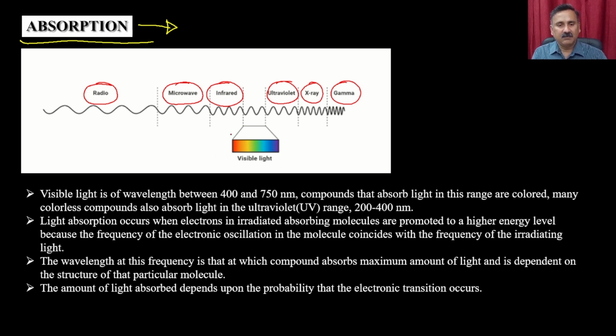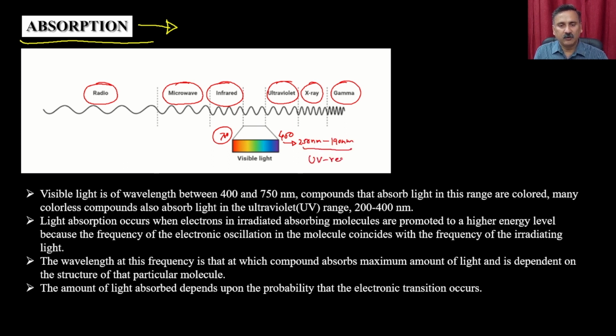And this is the region which is called visible light, starting from somewhere around 400 nanometers to 700 nanometers, right? So that is called UV visible spectroscopy. And next to the 400 nanometers, it goes down to 250 nanometers, or sometimes 190 nanometers, and that is called the UV range.